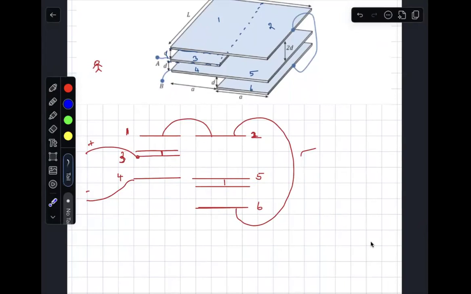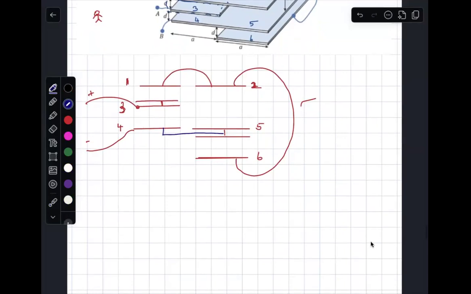But the only issue is 4 and 5 are also connected. Oh, I think I need to change colors now. Here, I need to rewrite the entire arrangement now. This is what I have.